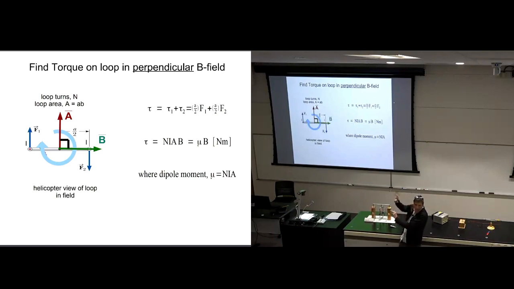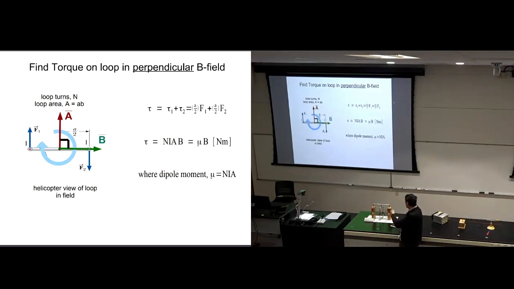B is the magnetic field that you're immersing the loop in. All the other symbols here are features of the loop. A is a feature of the loop itself, its area. I is a feature of the loop, its current. N is a feature of the loop, the number of turns of the loop.